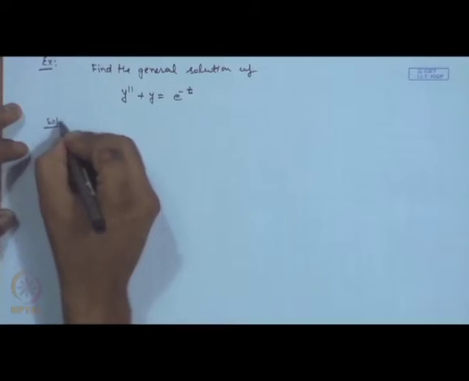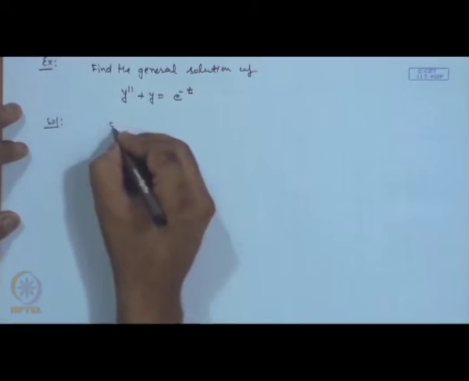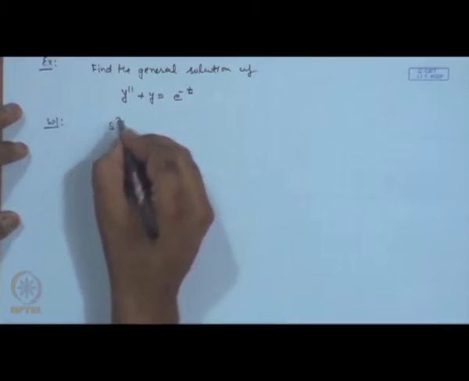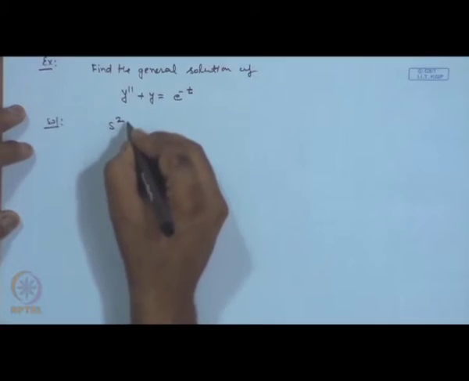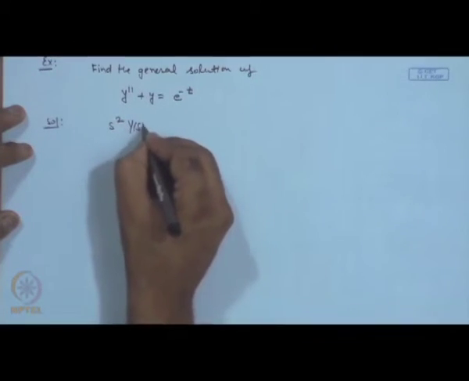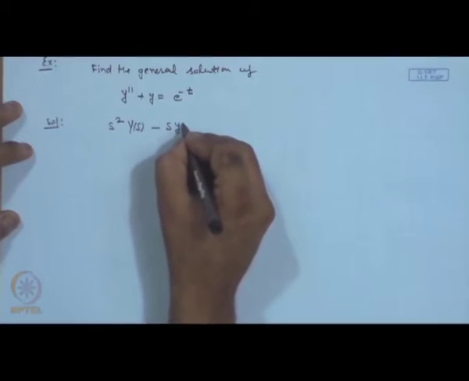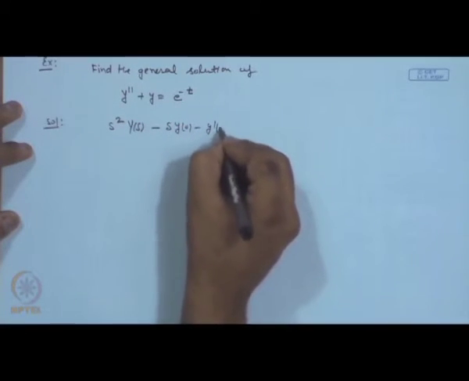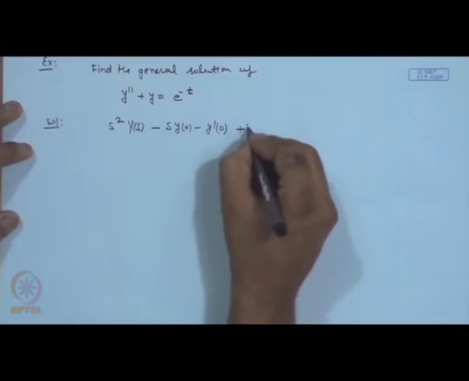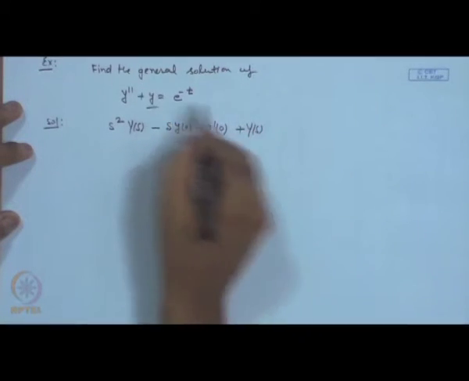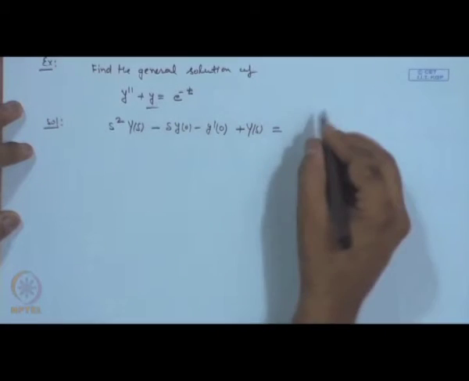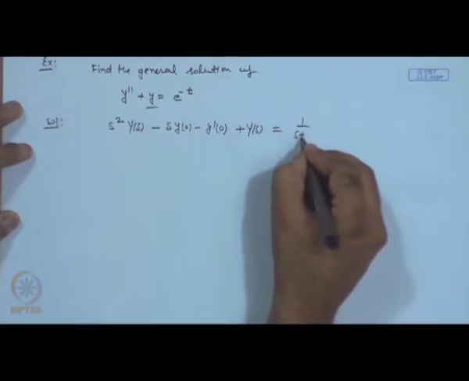The procedure is the same. We have to take the Laplace transform now. So, s squared Y(s) minus s y(0) minus y prime(0), plus Y(s), the Laplace transform of y, and the Laplace transform of e to the power minus t is 1 over s plus 1.